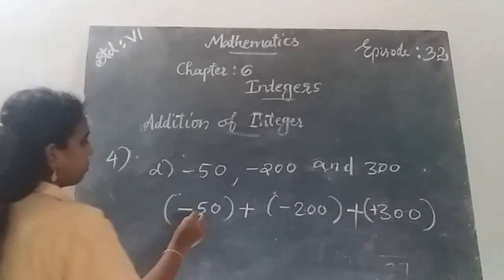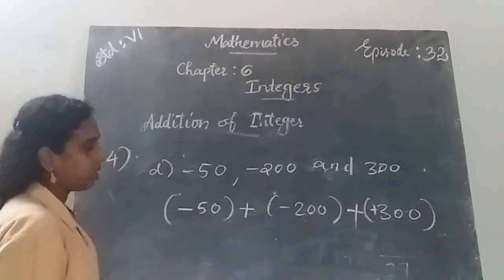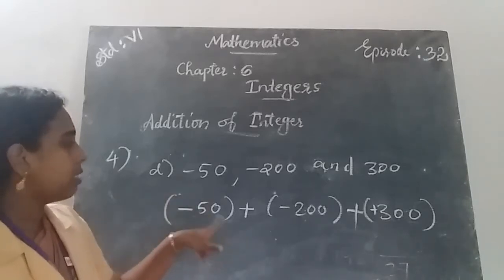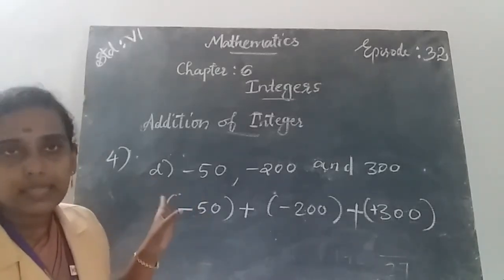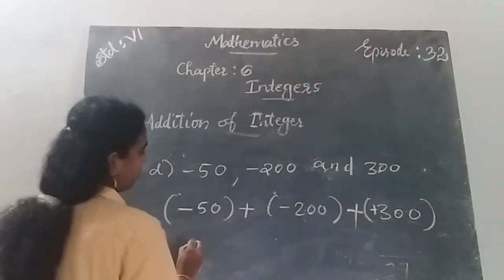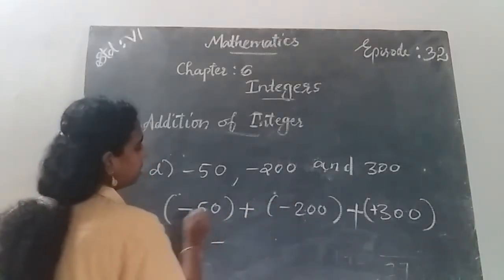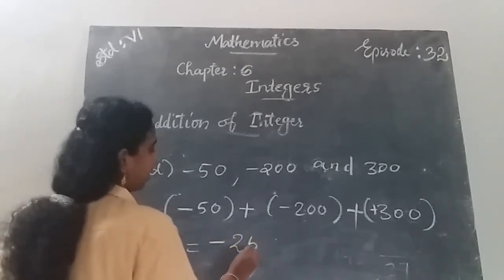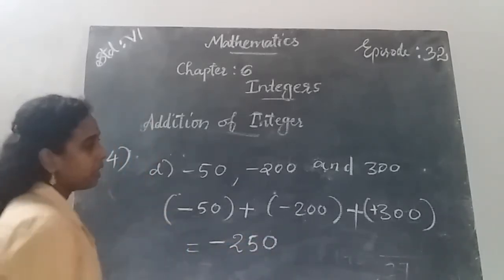The first two numbers are negative 50 and negative 200. By adding two negative integers, we add the numbers and take the negative sign. So 200 plus 50, we get 250, and these are two negative integers, so we get a negative integer, negative 250.